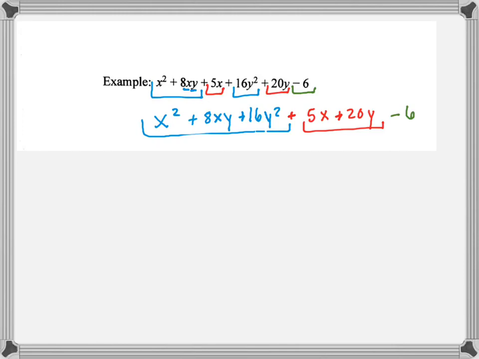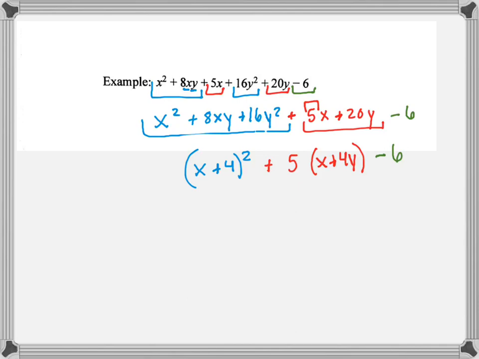Starting with the blue, we can see that this can be factored to become x plus 4y squared. Now this red, there's a common GCF of 5, so you can take out a plus 5 times x plus 4y, and then we still have this minus 6.